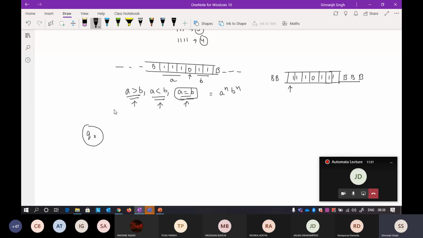When there is a 1 as input, I'll change it to x and start moving right. This will be my first step. At the right, it will find any number of ones.